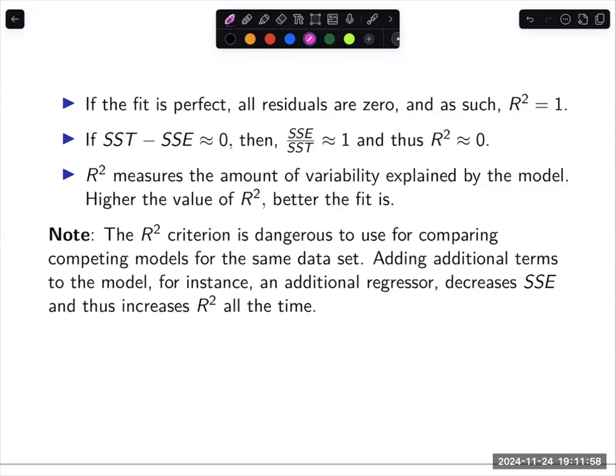There's an important comment that needs to be noted for R squared: the R squared criterion is dangerous to use for comparing competing models for the same data. Why?